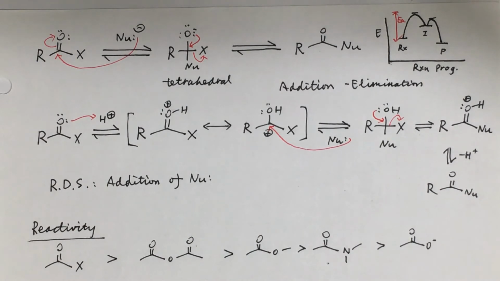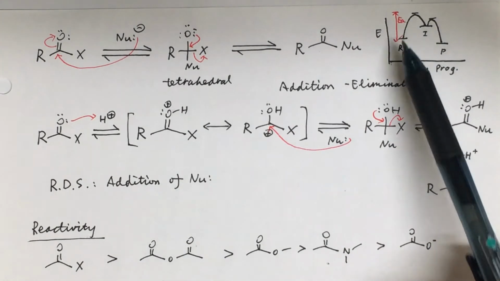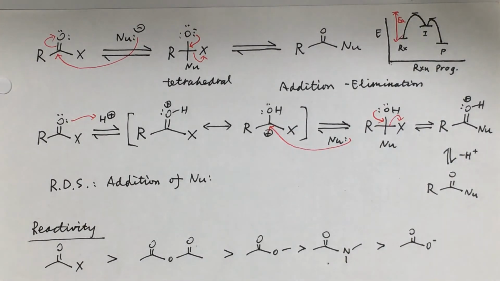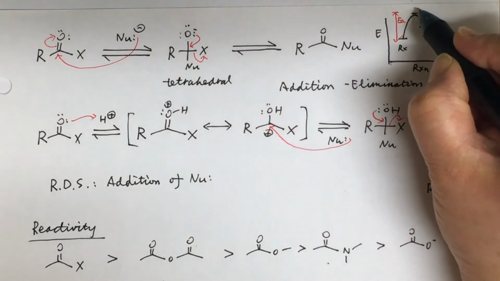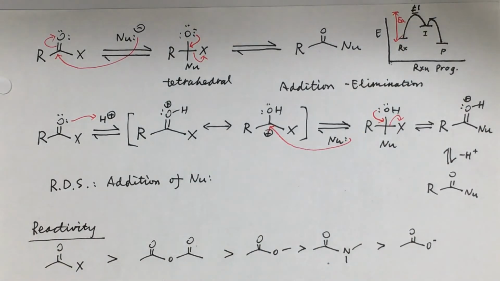So under these circumstances, by looking at this energy diagram, the first mechanistic step is the rate determining step, and the energy between your reactants and your first transition state is the activation energy. Okay.